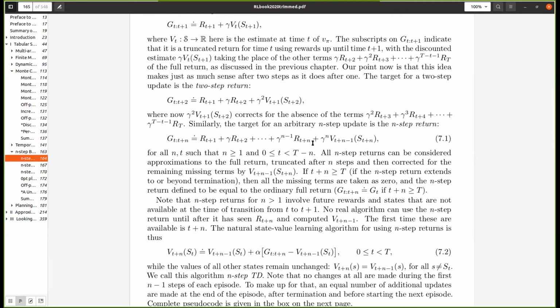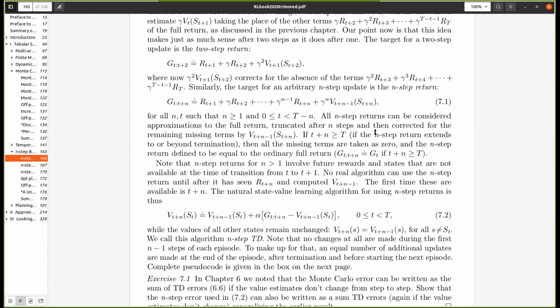And here is a generalization of that, written in terms of n, where n is the number of steps we are looking forward.